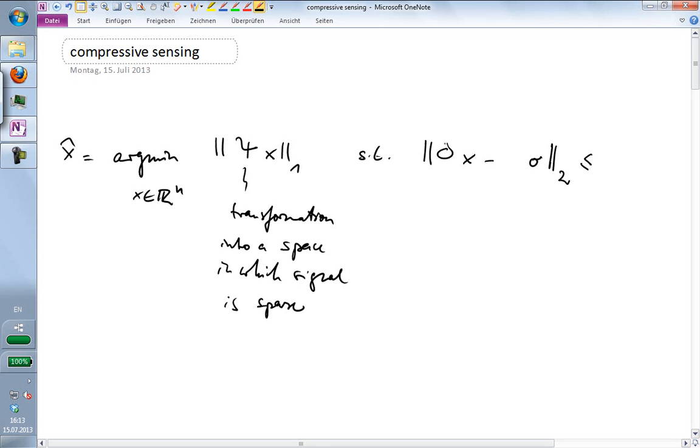These are the observations, and this is my measurement matrix. I need it here. Is smaller than some user chosen threshold. So delta is supplied by the user. Now phi is a measurement matrix.